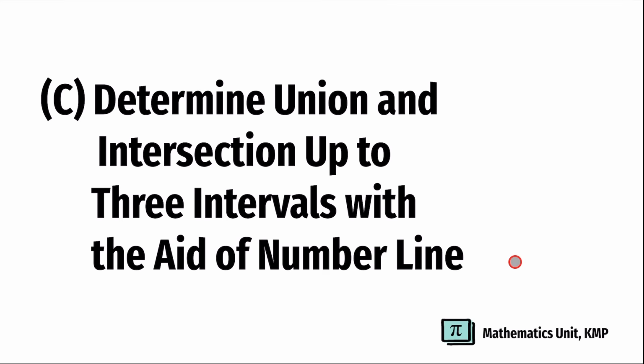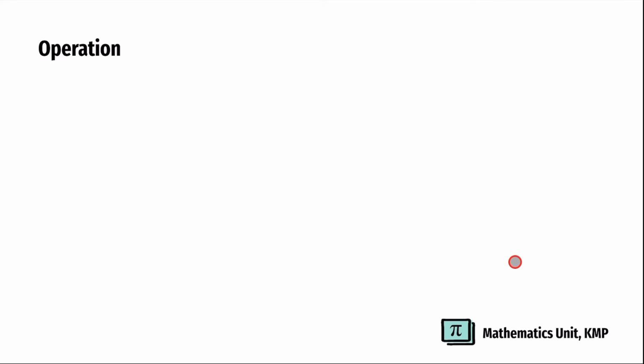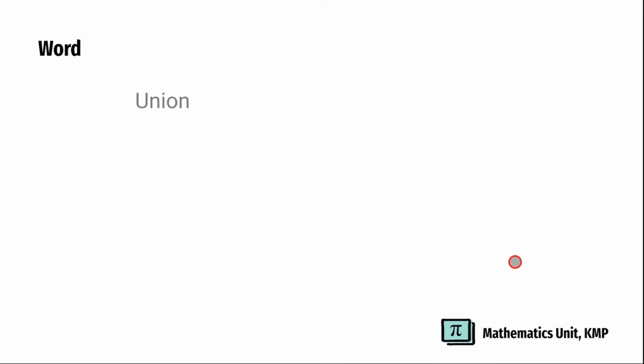Now let's learn how to determine union and intersection up to 3 intervals with the aid of number line. The symbol for the operation union is ∪, and the symbol for the operation intersection is ∩. For union we use the word or, and for intersection we use the word and.